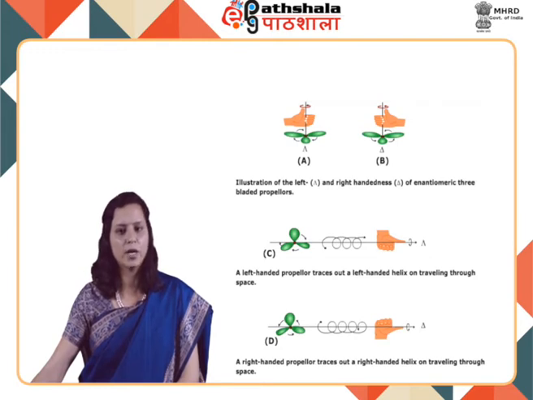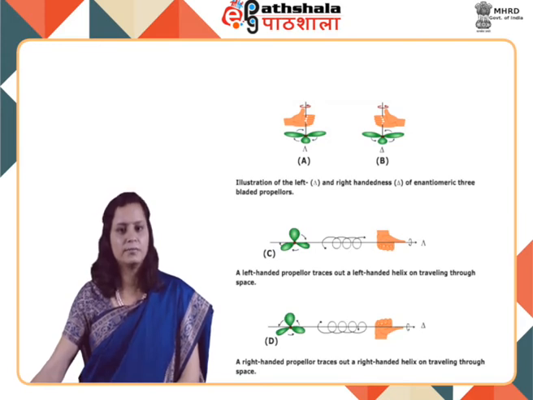If we fix our eye on one blade, that point will describe a helix as the propeller rotates while moving through the space. The two propellers here are different in their direction of rotation. The first propeller describes a left-handed helix, however, the second propeller is a right-handed helix on moving through the space.